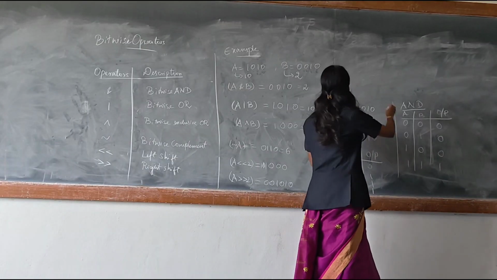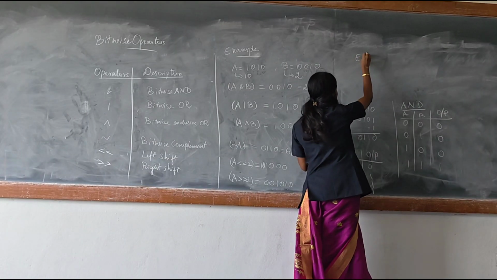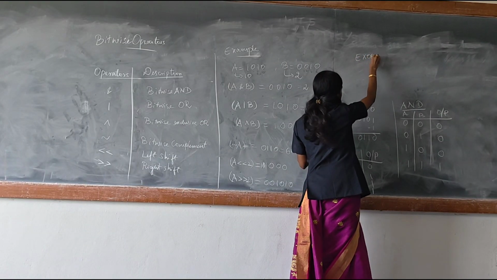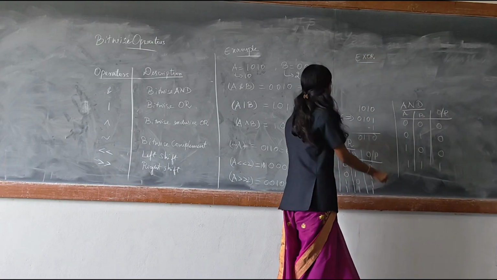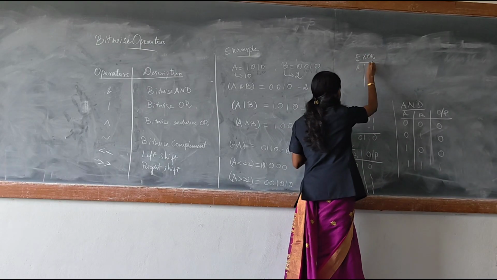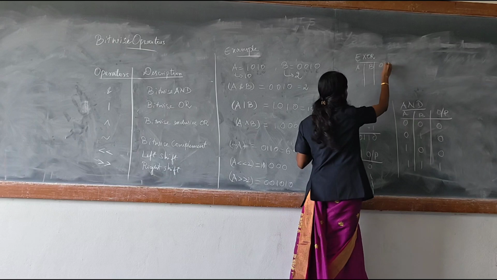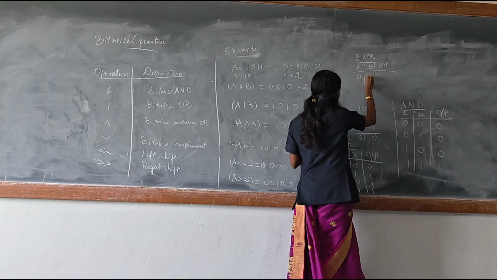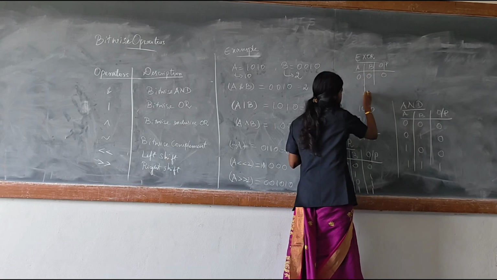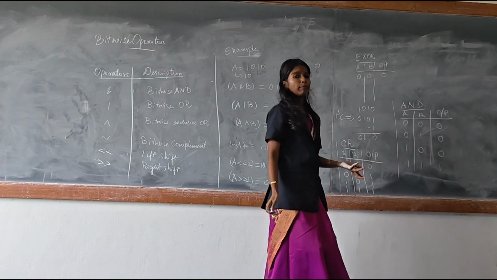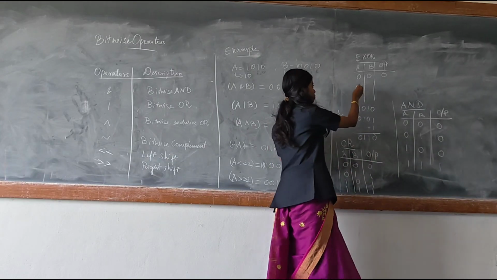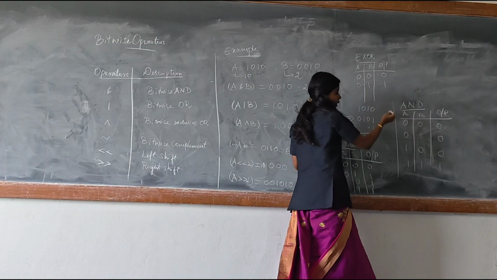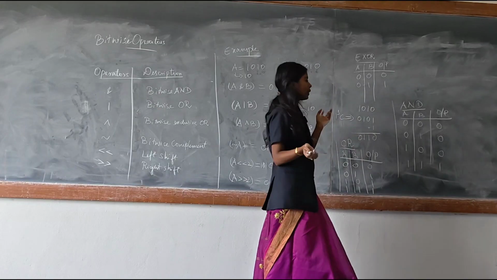So I am writing here the XOR gate. I perform the XOR gate condition. So A, B, output. Both the inputs are 0, we get 0. Both the inputs are the same, so we get 0. Here the first input is 0 and the second input is 1, we get 1. Both the inputs are different, so we get 1.